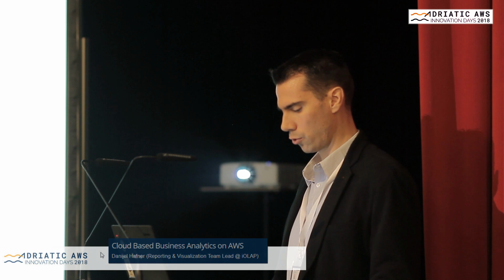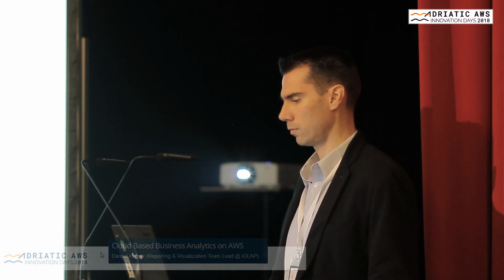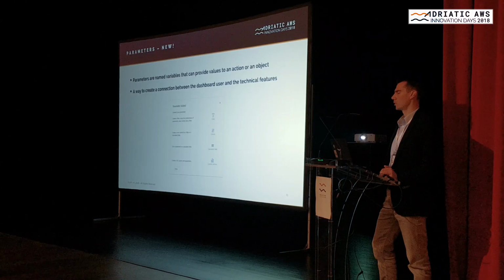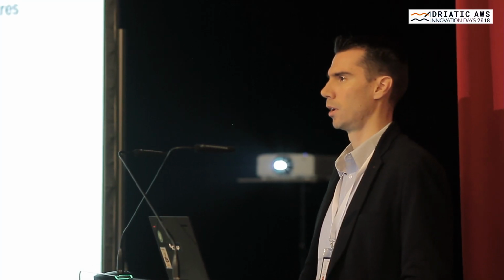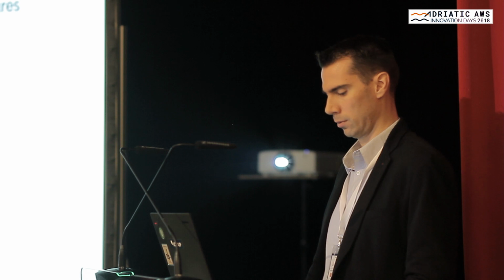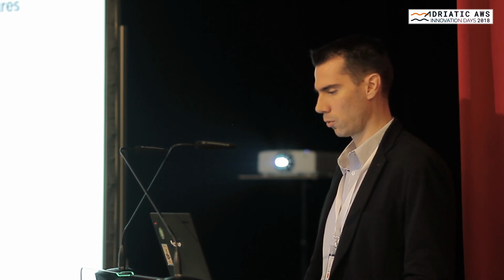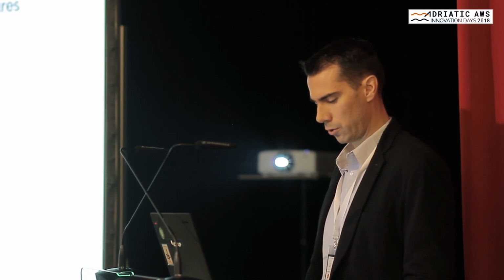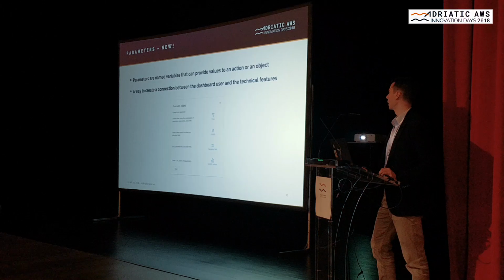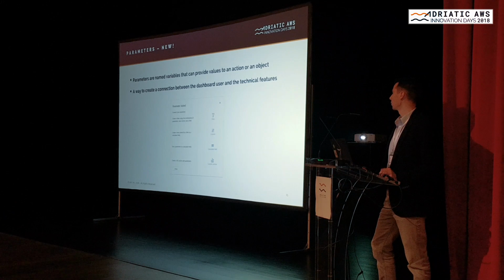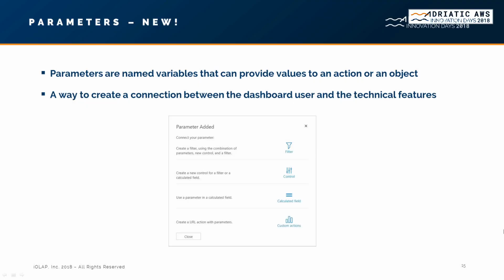You can use them to create controls when you create a dashboard, that will be some kind of filtering options in the dashboard. You can use them in calculations, or you can use them in URL actions. For example, if you want to connect 2 dashboards, you can have some kind of drill down from one dashboard to another.